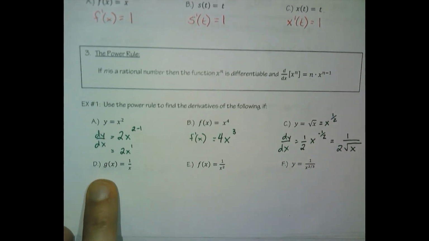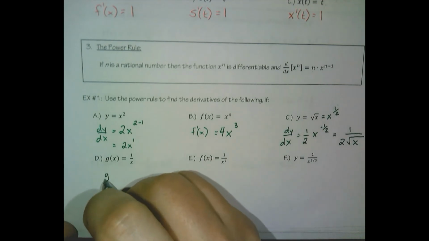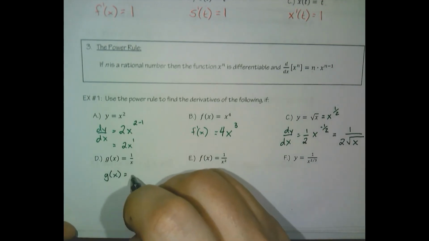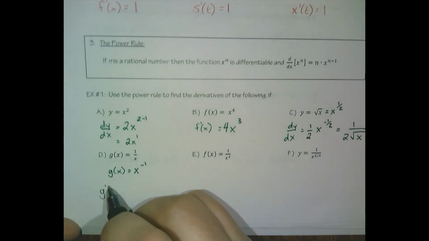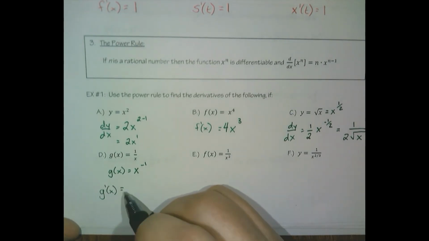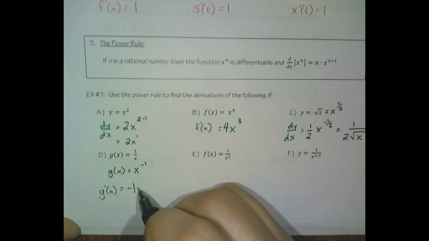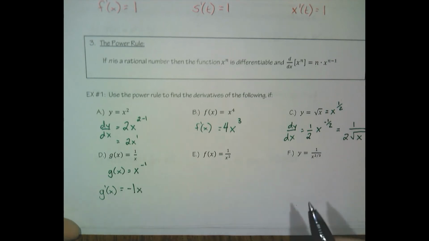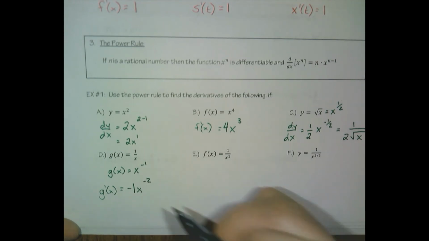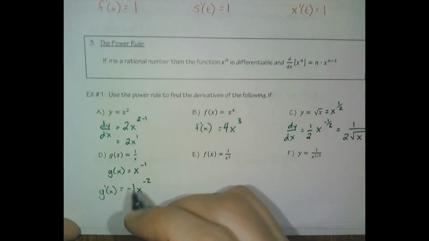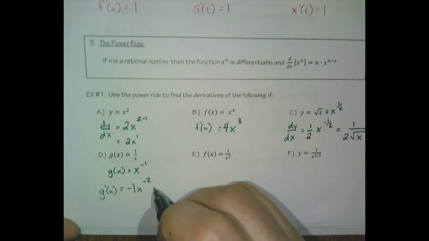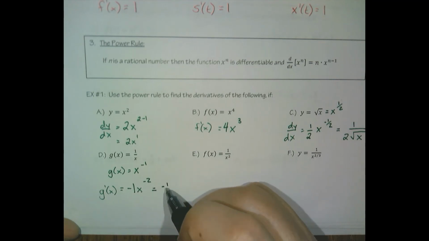Okay. For this one, g of x, this is the same thing as saying x to the negative 1. So if we take the derivative of that expression, the negative 1 drops down in front, and then we decrease the exponent by 1. And this again, once we've done the calculus, we can use algebra to simplify this expression to be negative 1 over x squared.